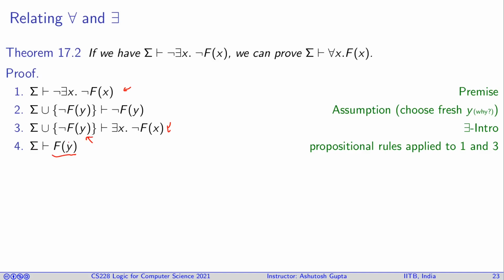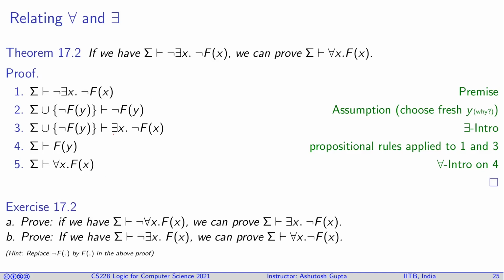Since y is free, remember that I chose a fresh name here so that it does not appear in sigma, so now I can do for all. Okay, so that allows me to do for all x f(x). We can take this and write it in contrapositive form. Okay? And then I can see that this negation can be pushed inside.